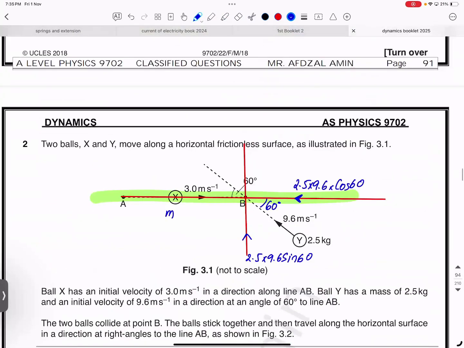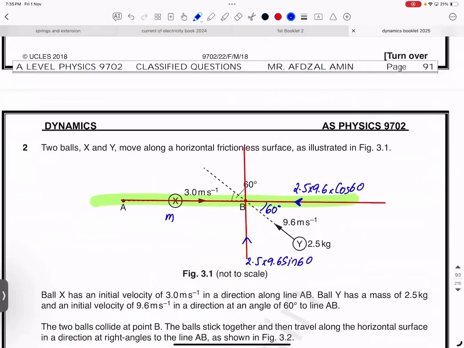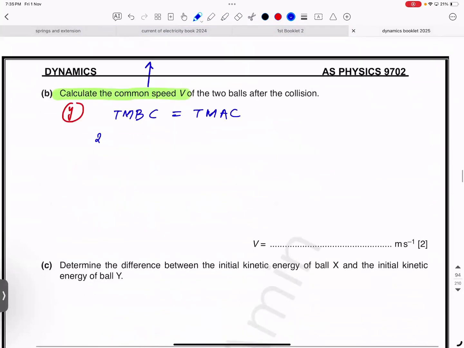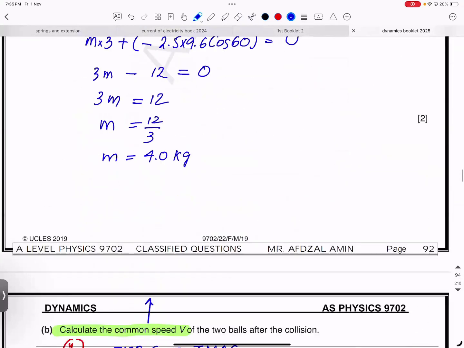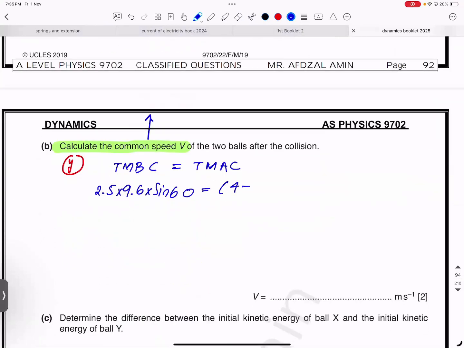It was only one, which was 2.5 times 9.6 times sine 60. After collision, they move together, X plus Y, their mass. Mass of X is 4. Mass of Y is 2.5. Common velocity v.